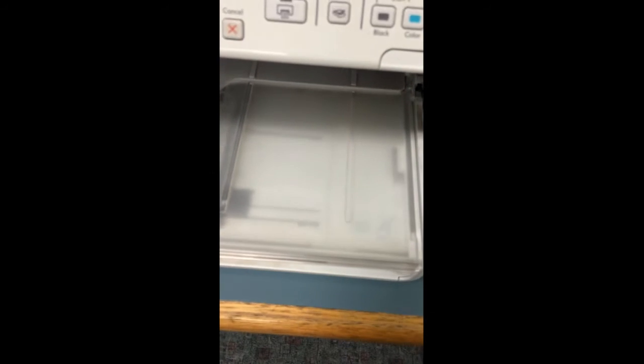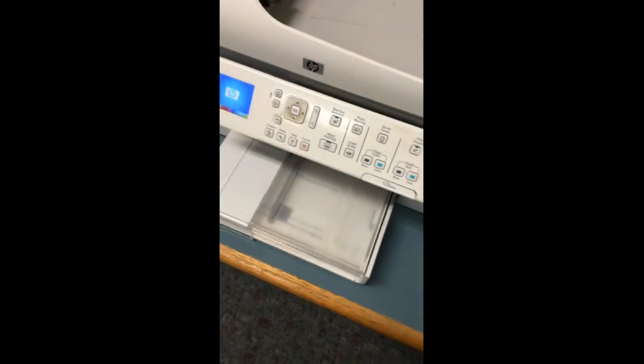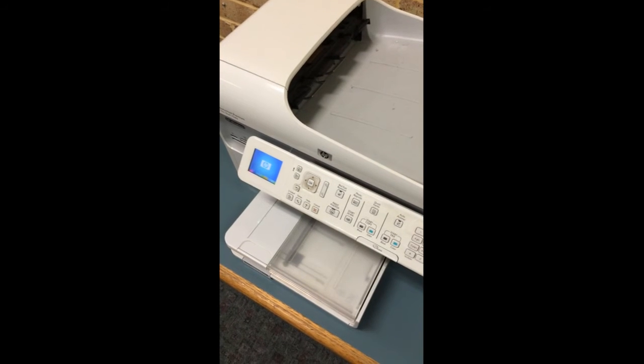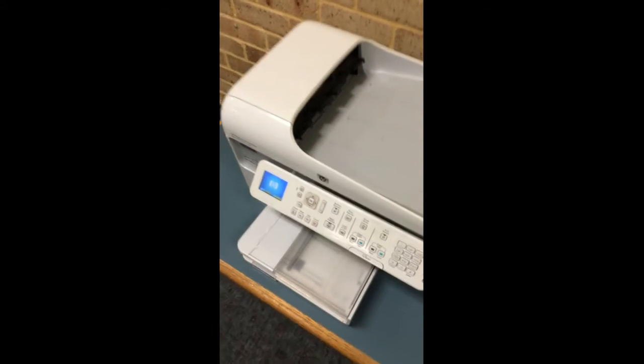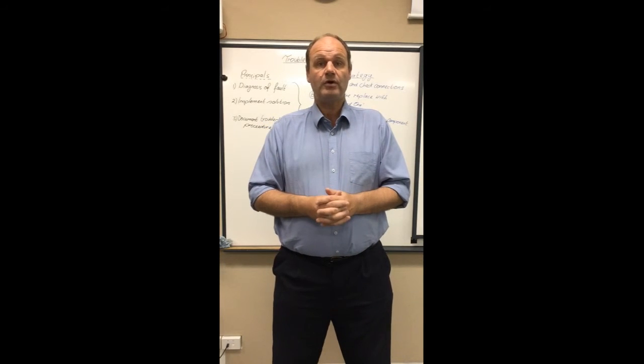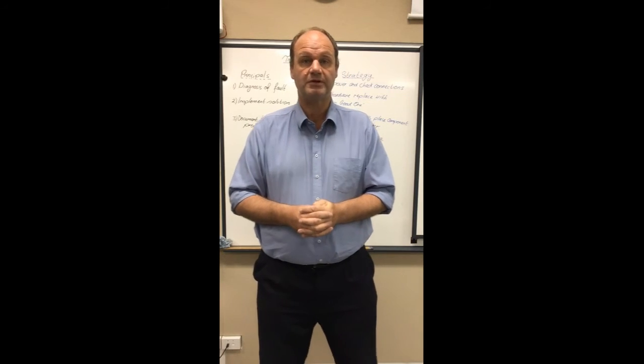However, you will have noticed that it still wouldn't print any paper because we'd need to put some consumables in. So we'd need to put paper in and we would need to check on the ink cartridges as well. Okay, so we've gone and had a look at some various peripherals and a component in terms of troubleshooting.